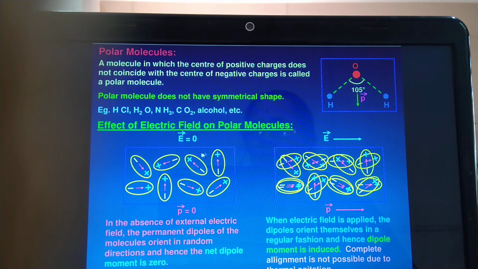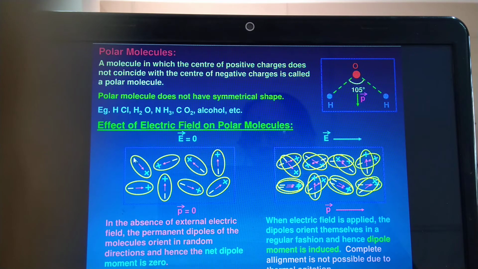First we consider the case where the electric field is not applied, which means the electric field is zero. In this diagram I have shown polar molecules. Here is one polar molecule which has a positive part as well as a negative part. In the absence of an external electric field, the permanent dipoles of the molecules are oriented randomly.